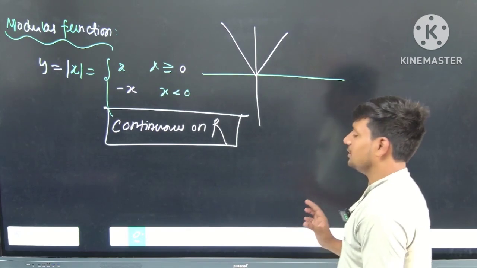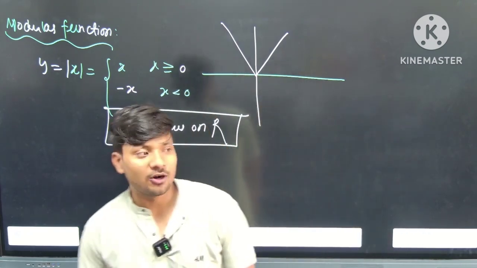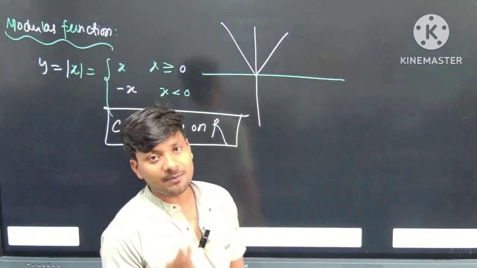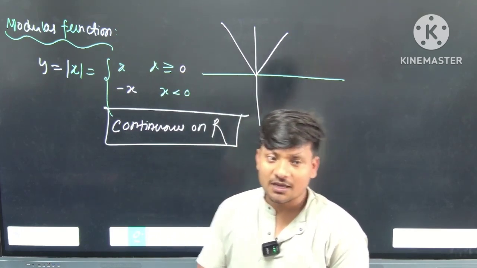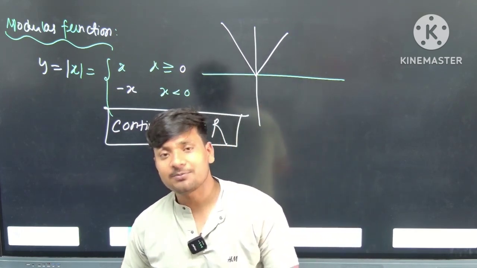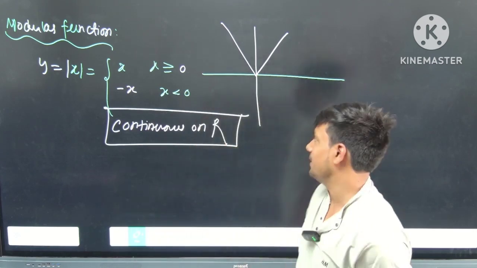Now we want to see the differentiability of the modulus function, and here we have 2 ways to check the differentiability of modulus function. One is graphical and another is by the concept of left hand derivative and right hand derivative.